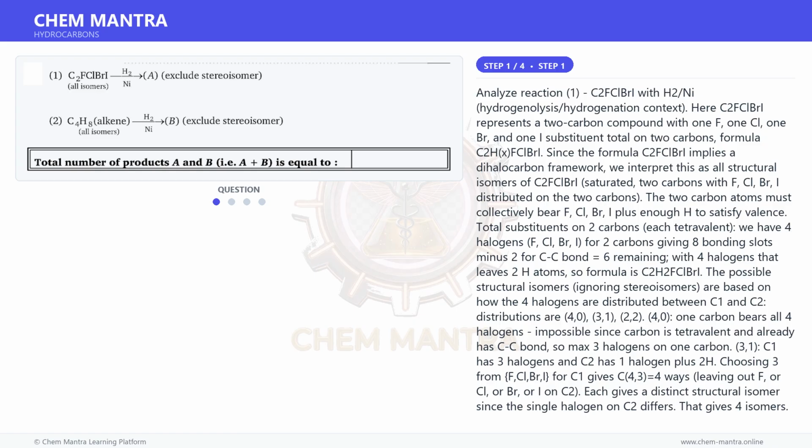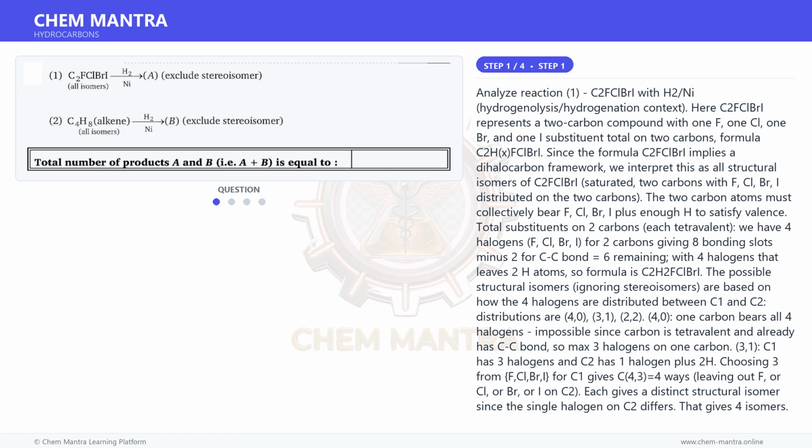That gives 4 isomers. 2,2: C1 has 2 halogens, C2 has 2 halogens, each with 1 H. The number of ways to split 4 halogens into 2 plus 2 is C(4,2)/2 = 3, dividing by 2 because pairs like AB|CD and CD|AB represent the same compound, since the two carbons are interchangeable.